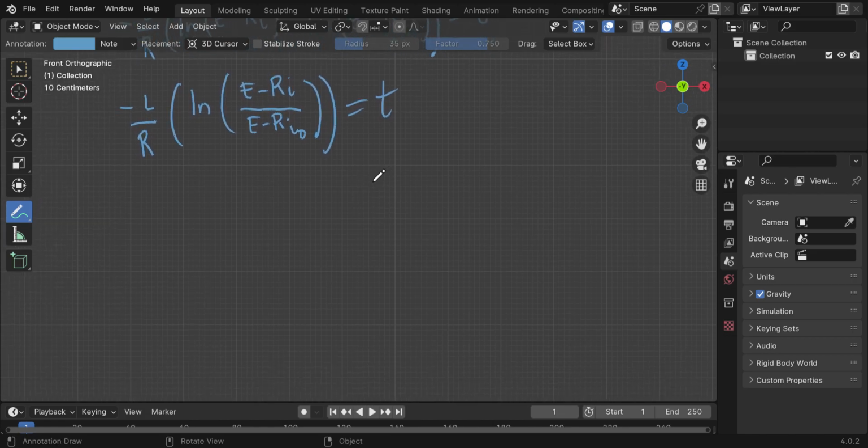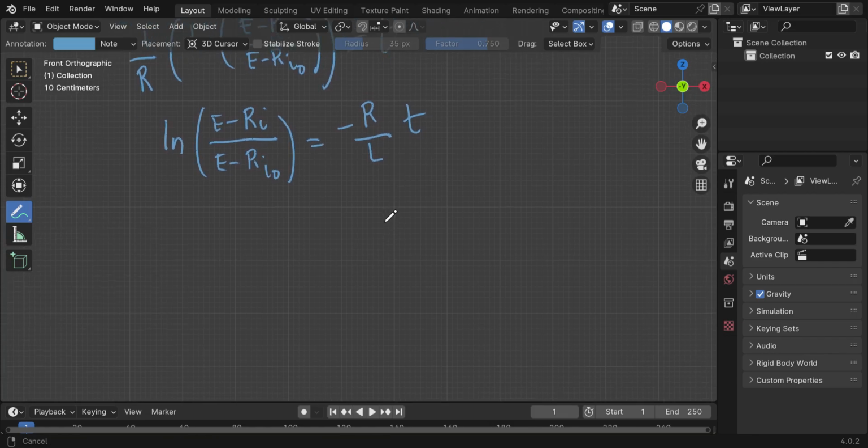Next, step number 500, we have ln of E minus R I over E minus R I0 is equal to negative R over L times t. And we're really getting somewhere now.